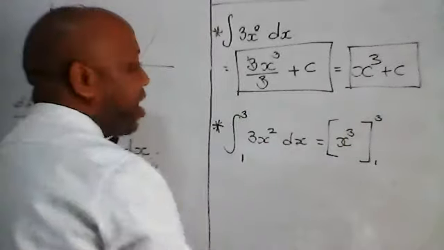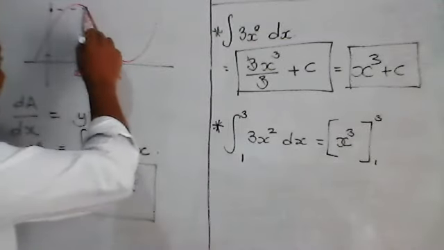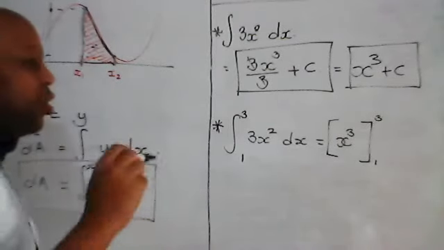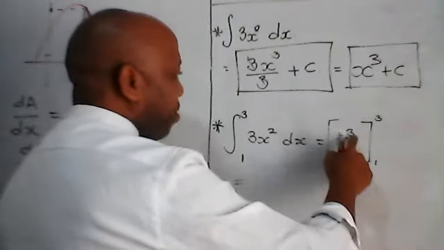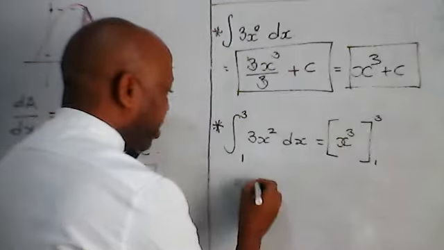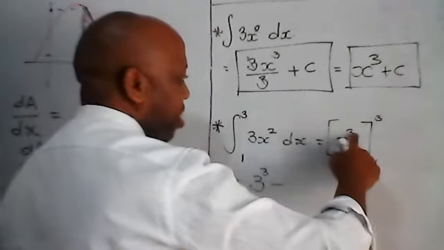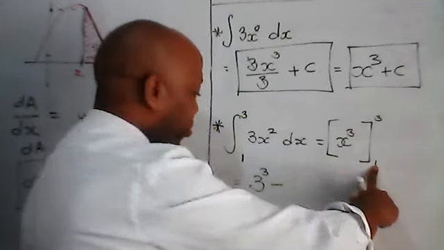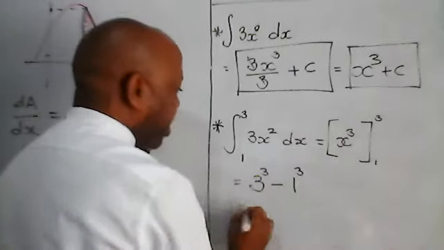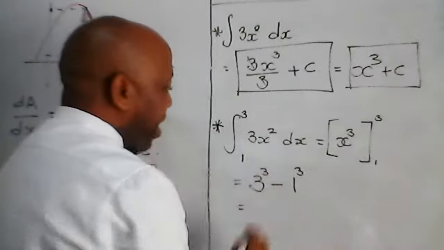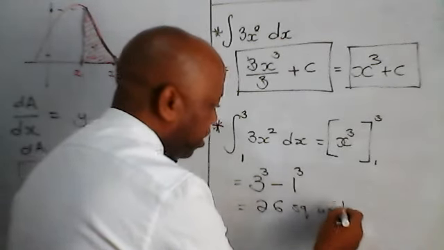Now we can substitute those boundaries 3 and 1, and then find that specific area in terms of square units. Doing that, this is equal to x to the power 3, where the boundary is 3, so we substitute 3, minus x to the power 3, where we substitute the second boundary, which is 1 to the power 3. 3 to the power 3 is 27. 27 minus 1 is 26 square units.